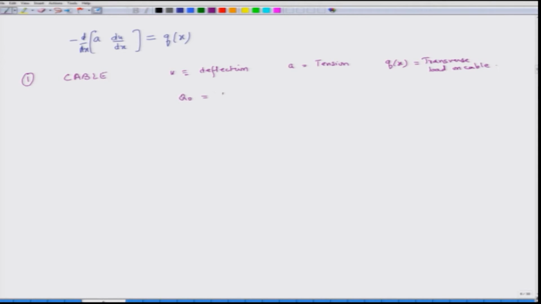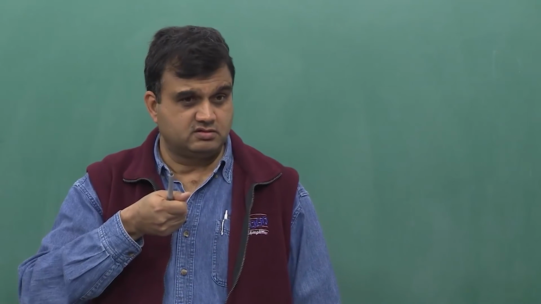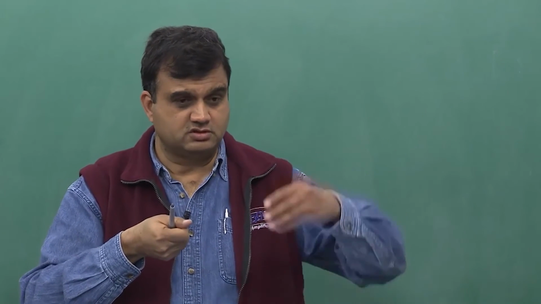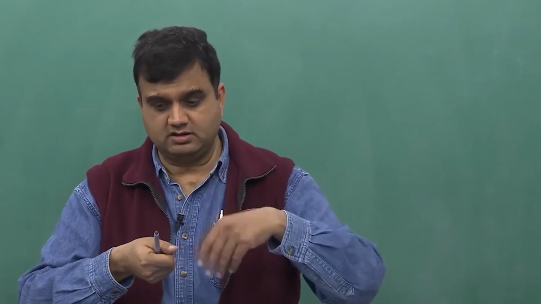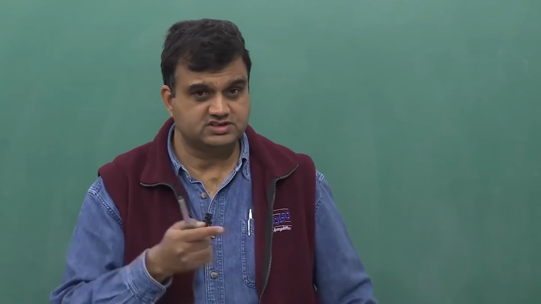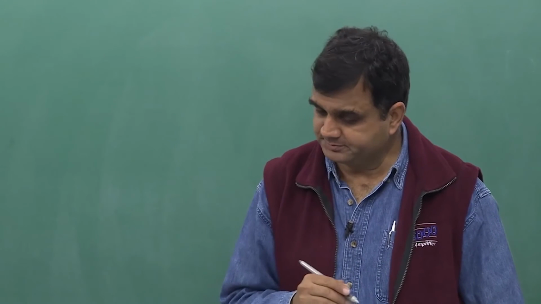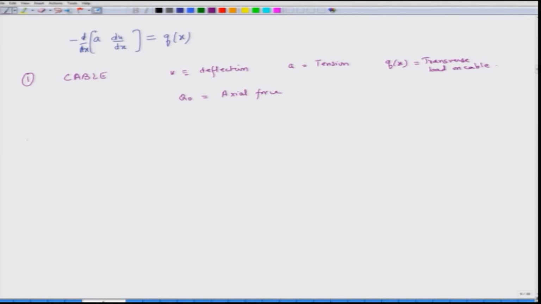That is the axial force on the cable. So, it could be that I am pulling the cable at one end, and it is fixed at the other end. So, Q naught is axial force. So, this is one area in which I can use this differential equation, but it is applicable to several areas.